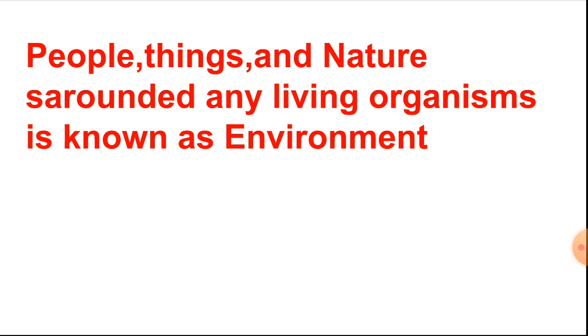People, things, and nature surrounding any living organism is known as environment. Pupil means we are the pupils. Things means book, pen, desk, bench. Nature means our beautiful nature, our surroundings.